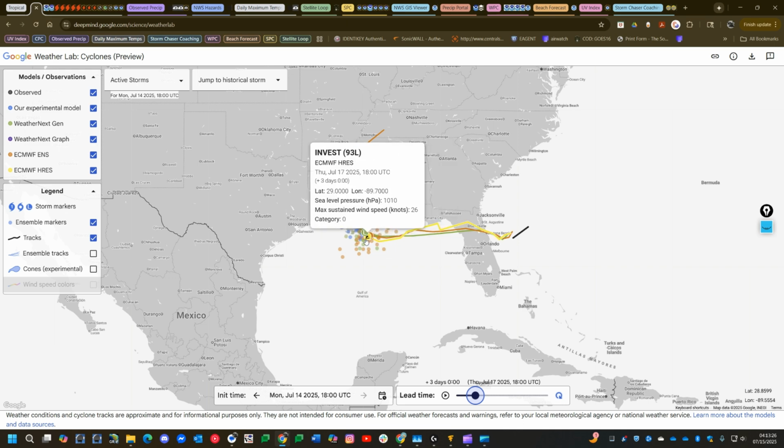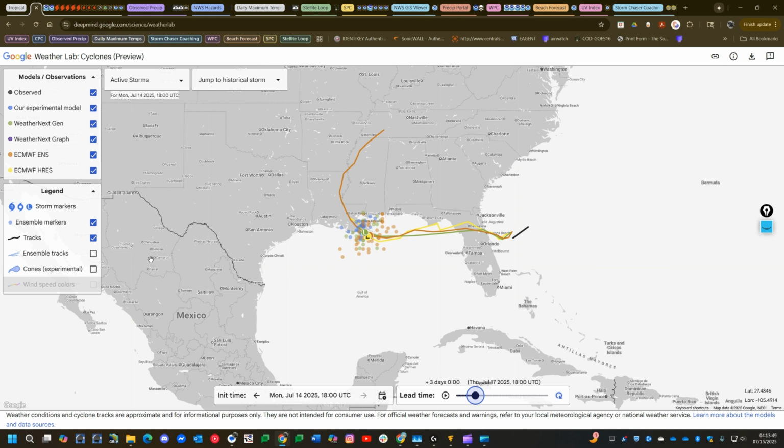However, this is like the mean track of these three lows. But based on what I saw from yesterday compared to today, this is a lot more agreement, a lot more model members that are showing something develop out here.